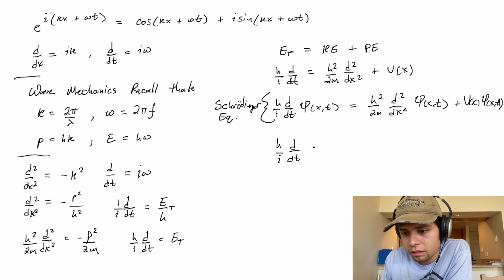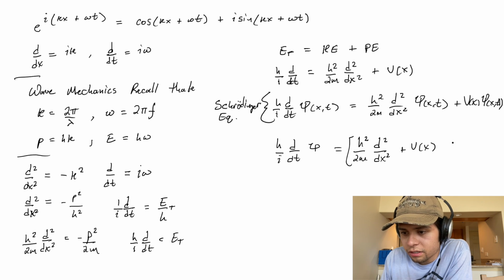We can say that this is the same thing as, if we just assume now that this here is a function of x and t, h bar squared over 2m second derivative plus V of x.